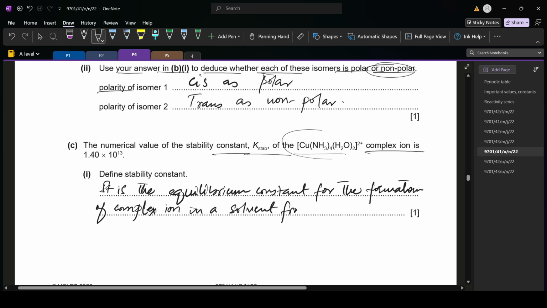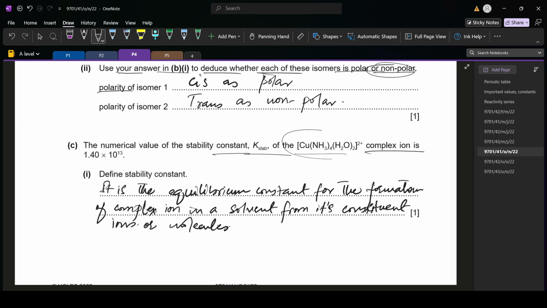Okay, from its constituent ions, or molecules. So this is the definition of stability constant. You have to remember this.